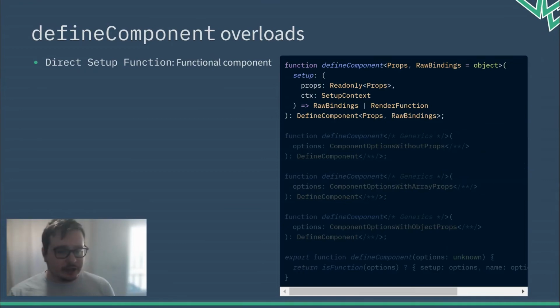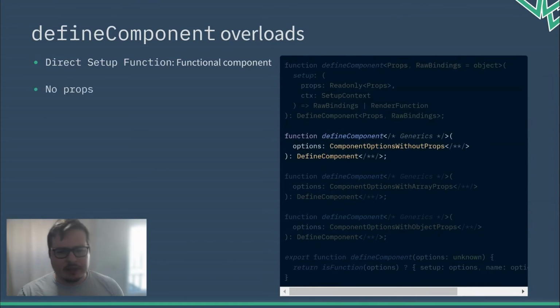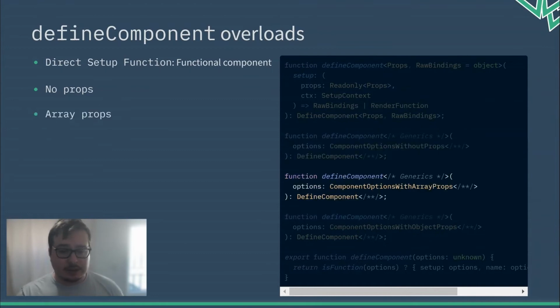And here are the overloads that I mentioned. As well, I'm omitting the generics here. So the define component, this is for the function, or direct setup function component. And the implementation is very simple. Here with no props, we call the options without props.